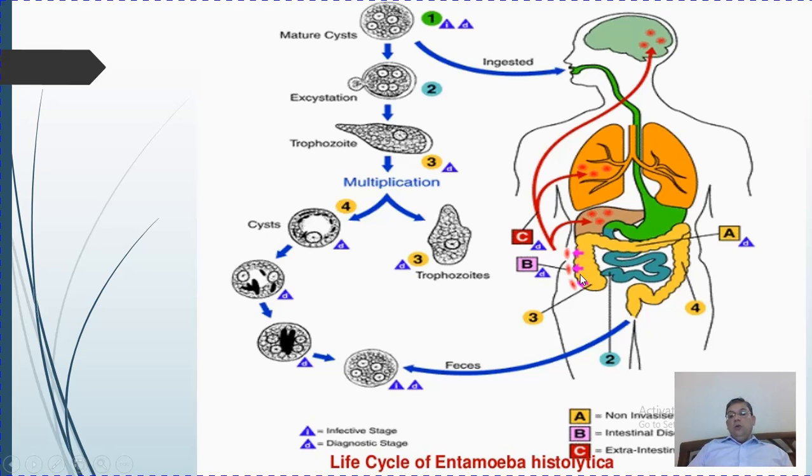Once it involves the colonic wall mucosa, then we call it intestinal disease. Once there is intestinal disease, involving the wall of the colon, then through the blood vessels it would go into extraintestinal areas like the liver, lung, and even the brain.